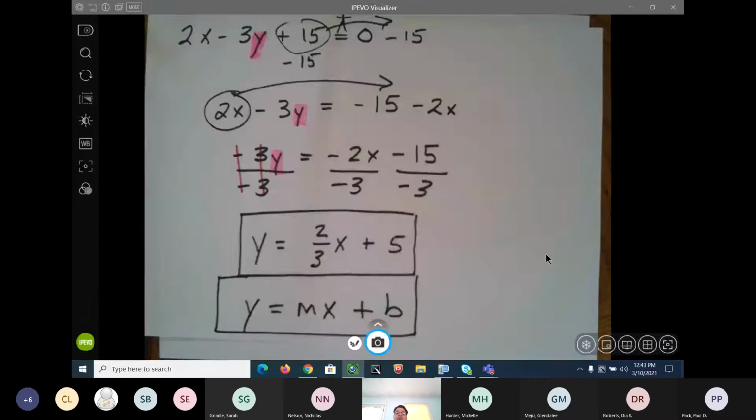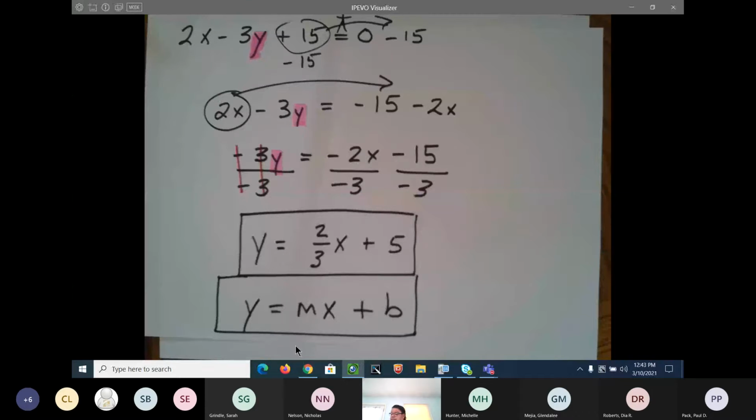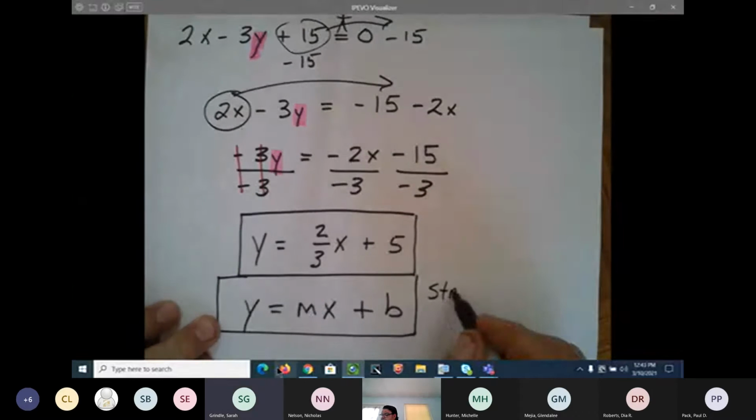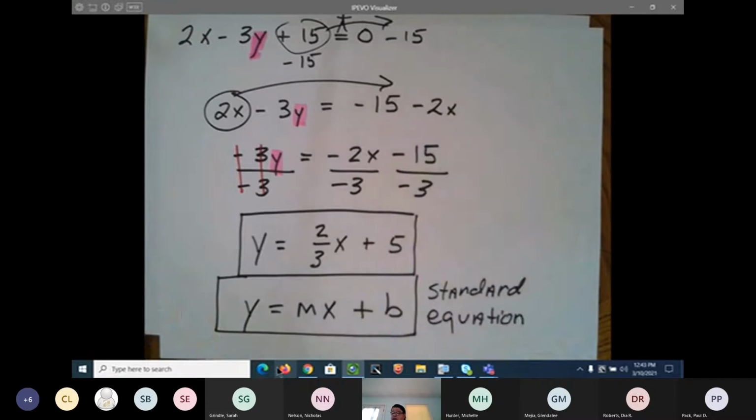Whenever you get y by itself, it should be in this form. Now, can I mark it wrong if you wrote 5 plus 2/3 x?